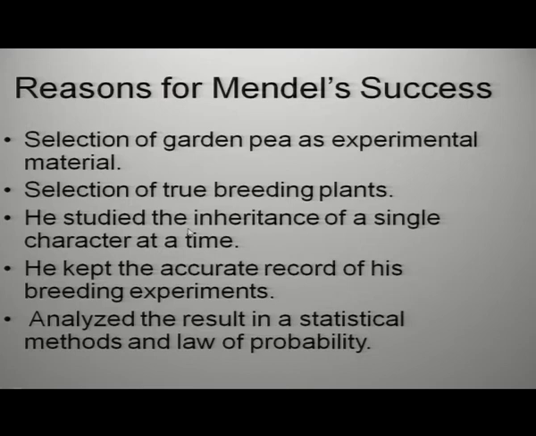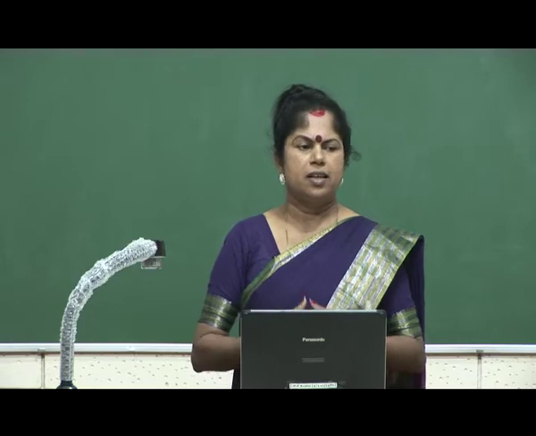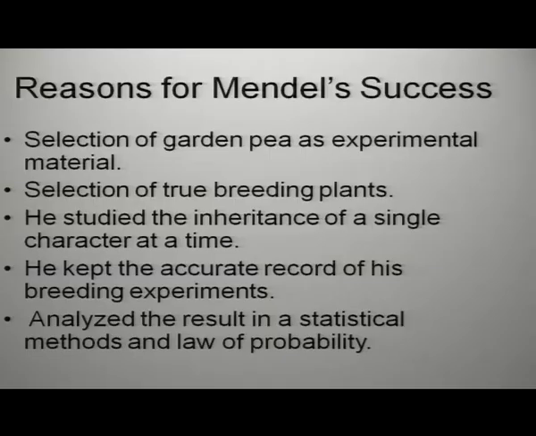Another important concept is that he studied only one particular character at a time. There were 7 pairs of contrasting characters, and out of those 7 pairs, at a particular time he completely studied the inheritance of a single character.